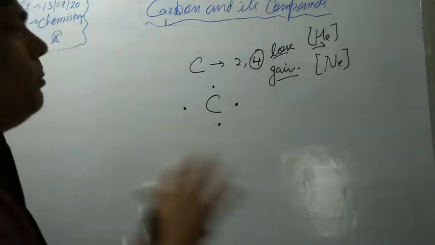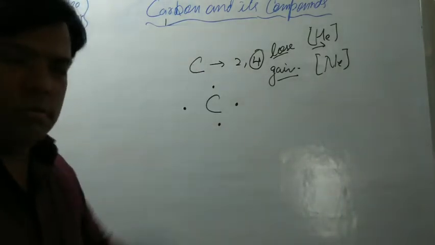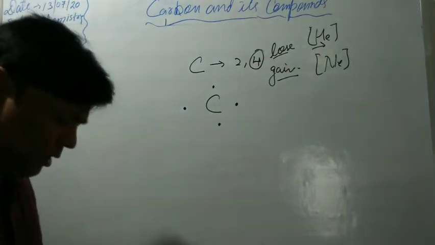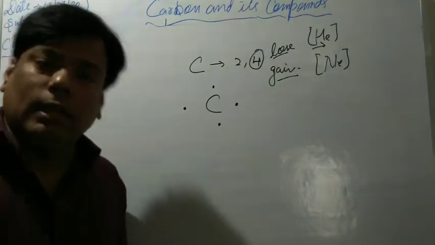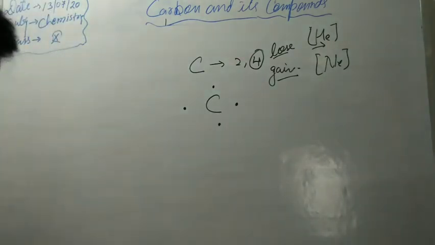So, it is not possible to make an ionic compound, right? So, our next option is a covalent compound, and it is very easy to make covalent compounds. Stability is achieved by mutual sharing of electrons, which forms covalent bonds.